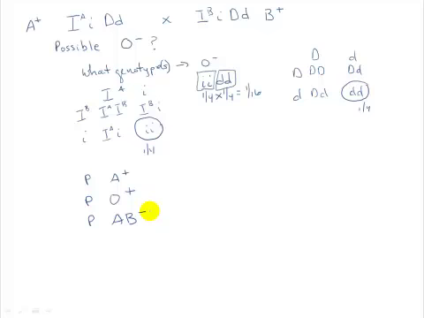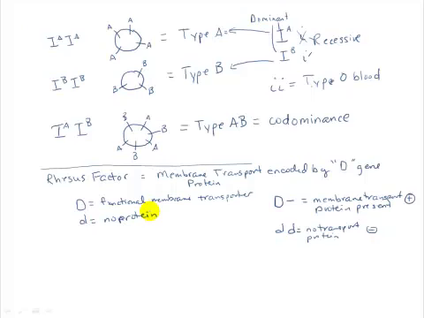Okay, so why is it that this A allele is completely dominant over this recessive allele in terms of phenotypic expression? Why is it that these two alleles, when combined in the same individual, are both fully expressed and neither one dominates over the other?